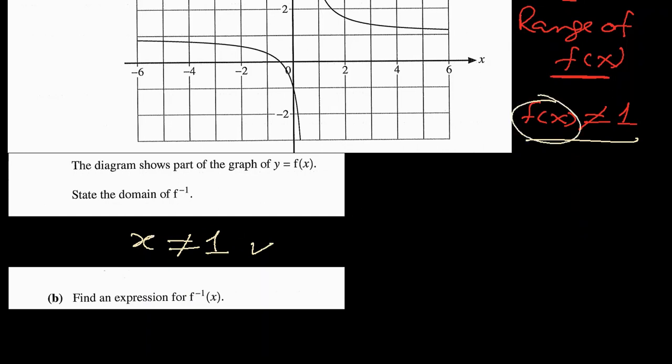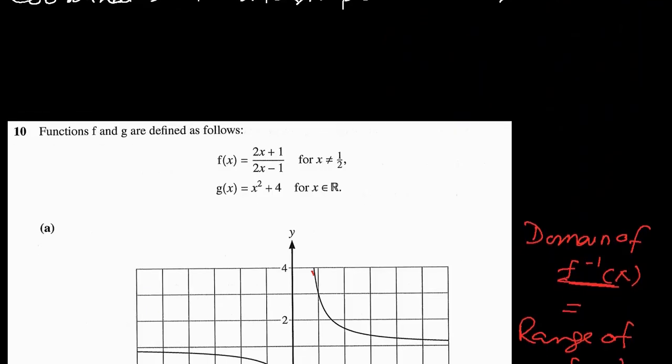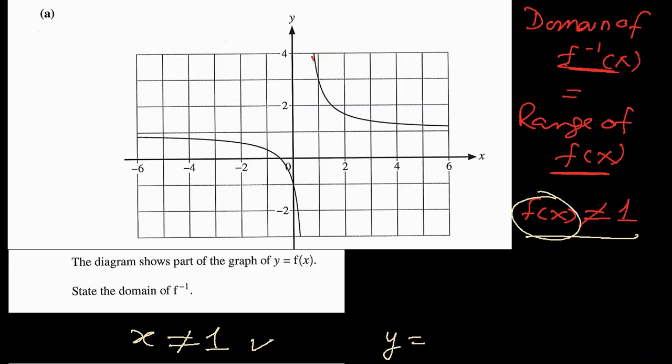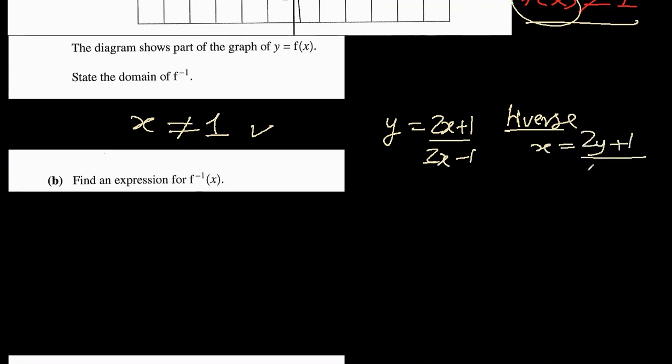B part, find the expression for f inverse x. So first of all, let's copy what is f(x), which is 2x plus 1 over 2x minus 1. To write the inverse of this, we exchange the places of x and y. So it will become x equal to 2y plus 1 over 2y minus 1. Cross multiply first.